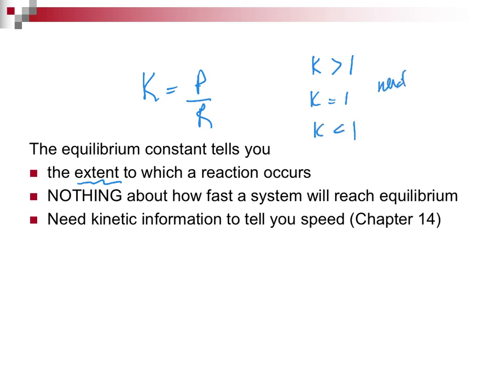That is the next section. They really broke this chapter up very, very nicely. But no matter what K is, it tells you nothing about the speed, nothing about how quickly it's going to reach equilibrium. You need kinetic information. You need to know what that rate law is in order to come up with the speed.